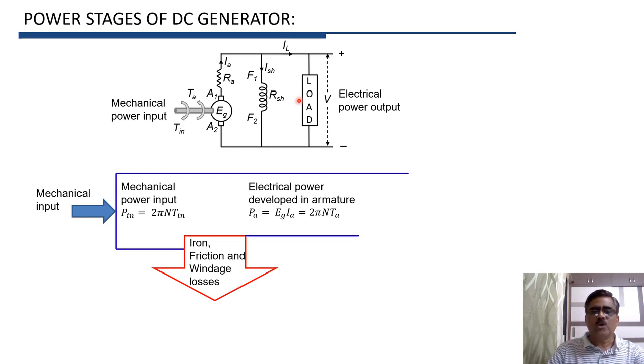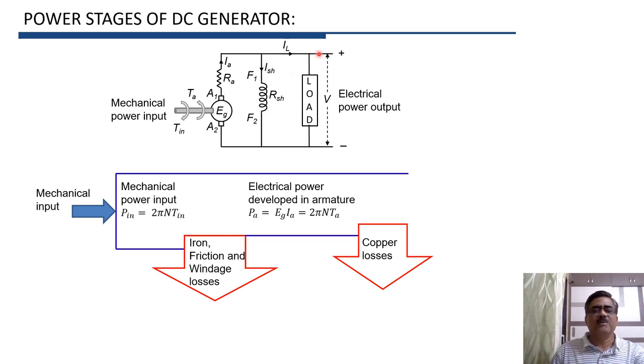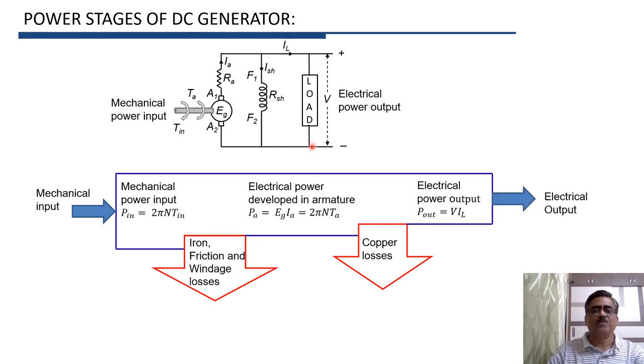So out of EgIa, some power is wasted in the form of copper losses, that is armature copper loss and field winding copper loss, and the remaining power is available to load, which is the output power. So remaining power is P out. Here P out is the product of terminal voltage V and load current IL. This is how in case of generator, mechanical input gets converted into electrical output through these various power stages.